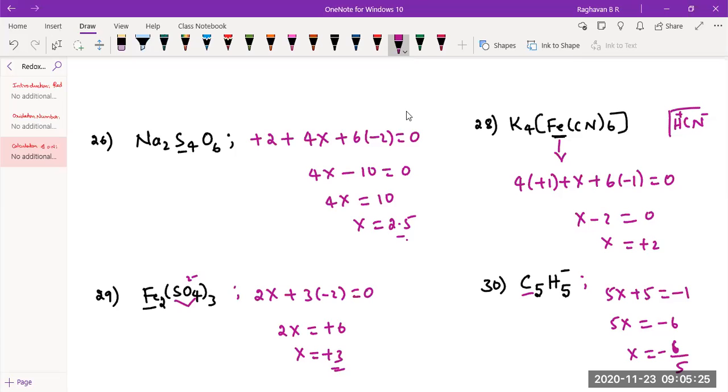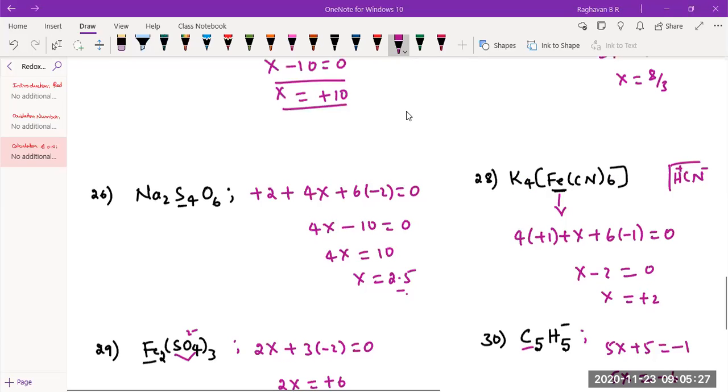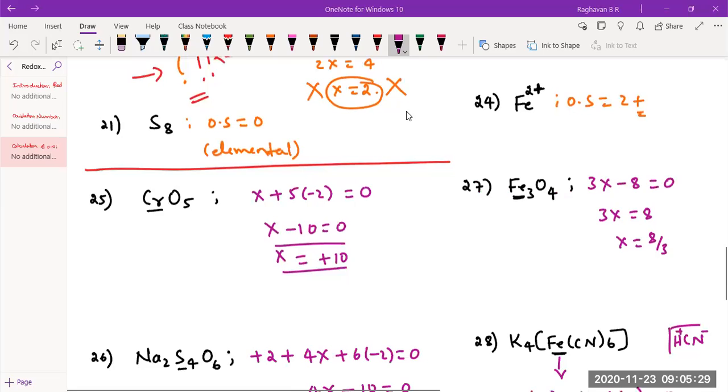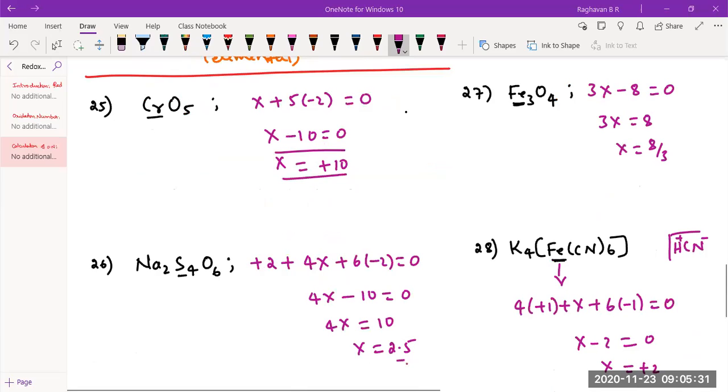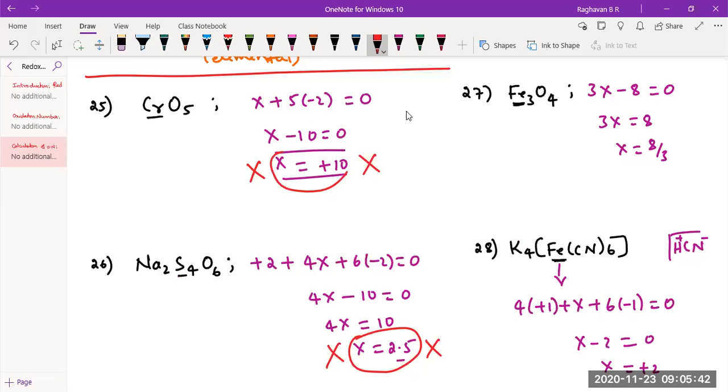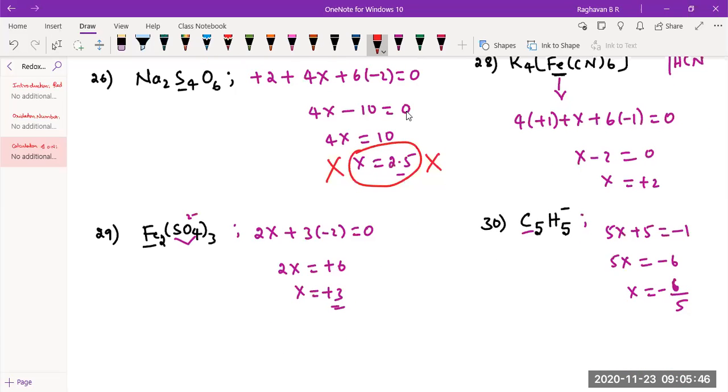Now we'll get back to which are all correct or which are wrong. Okay, so this is wrong. This is wrong. You may think it is x, that's why I'm circling it. Okay, this is correct.